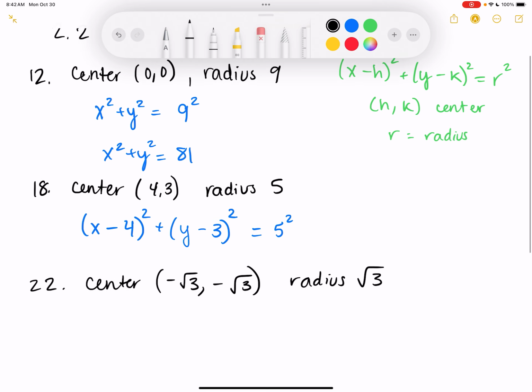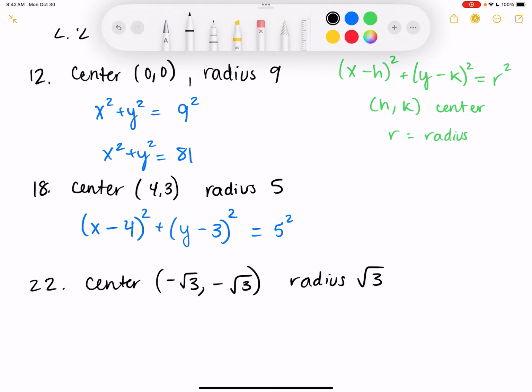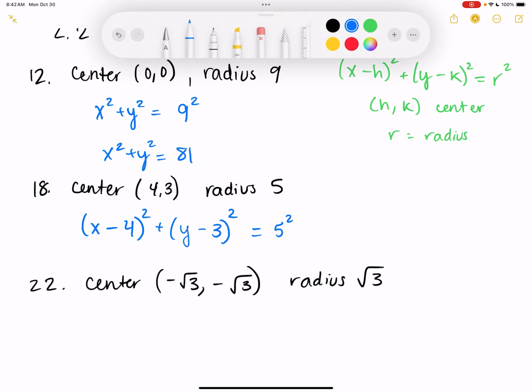Then both of these are negative, which means in this formula, these are going to become positive because the formula would be minus. So this is going to be x plus the square root of 3 squared plus y plus the square root of 3 squared is equal to the square root of 3 squared.